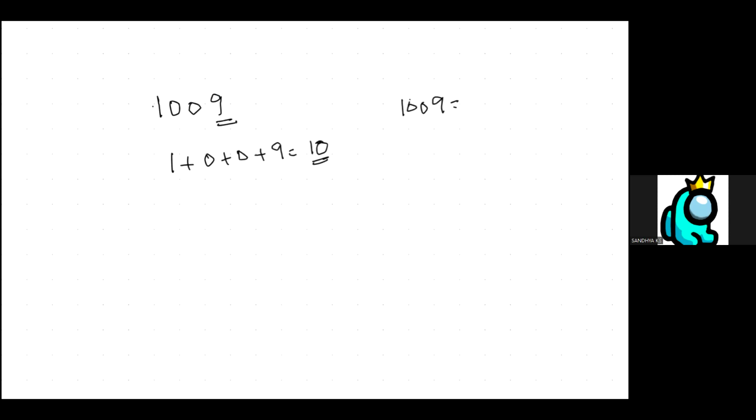So is it a perfect square? No, it is not a perfect square because we can't write this in terms of square numbers, right? In terms of square root. So we can tell it is not a perfect square. In terms of prime numbers, we can't write because 1009 itself is a prime number, and prime numbers means we can't factorize the prime numbers.